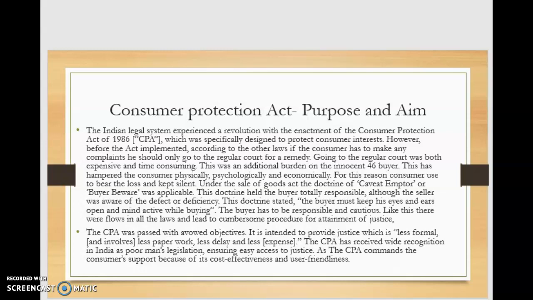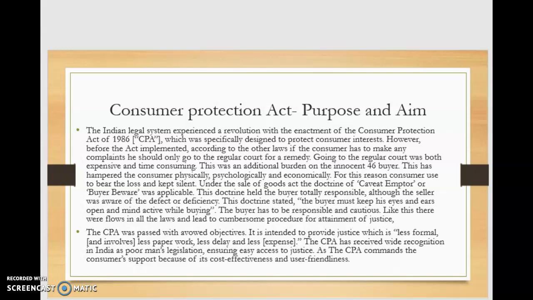Just to conclude today's lecture, which was basically the introduction of consumer protection, I would like to say that consumer protection has always been a matter of great concern for a nation. In ancient India, effective measures were taken to protect consumer rights, which continued in the medieval period and even in the British era. Ancient law gave us principles like there should not be any unfair trade practices, and there should be severe punishment for the wrongdoer for harming the interest of consumers.